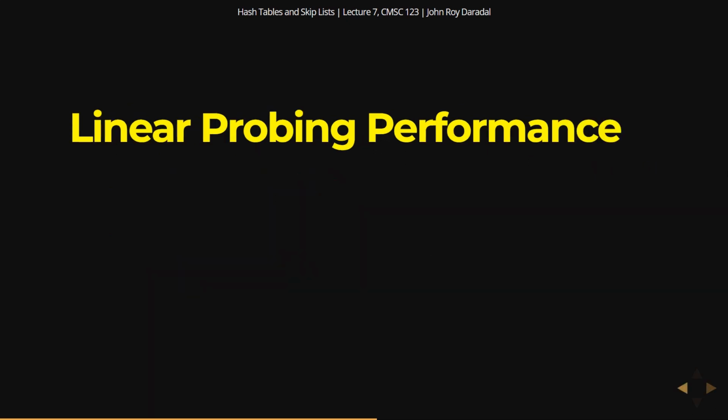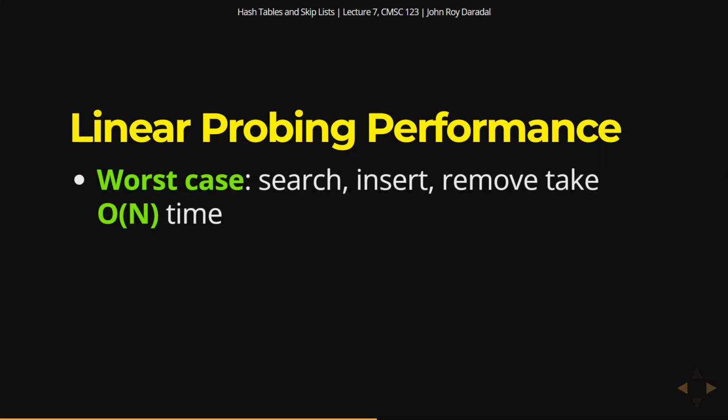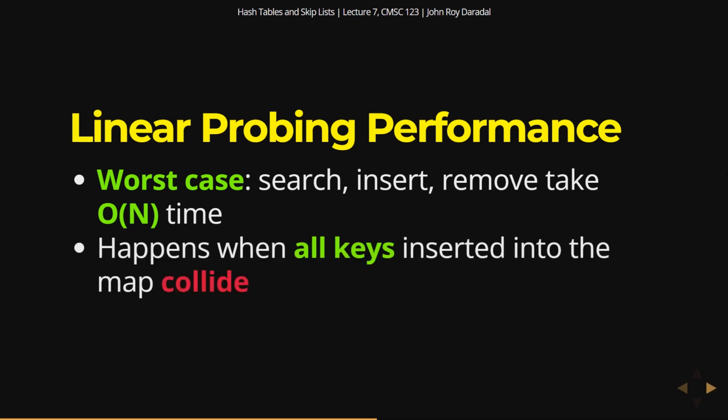So how about the performance of linear probing in general? So in the worst case, linear probing could take up to O of n time for the three methods, search, insert, and remove. And this happens when all keys inserted into the map actually collide.